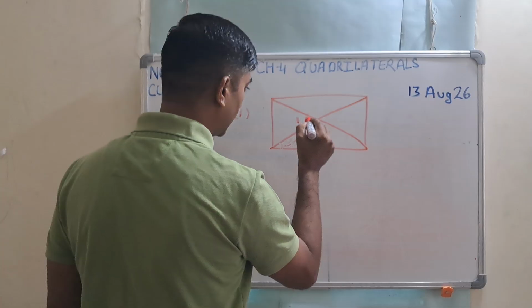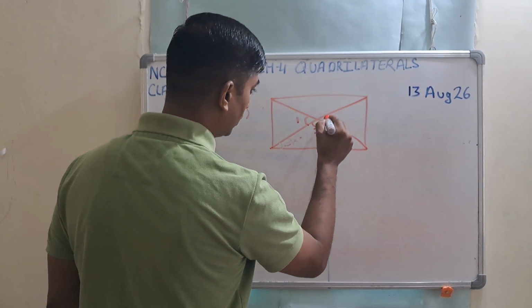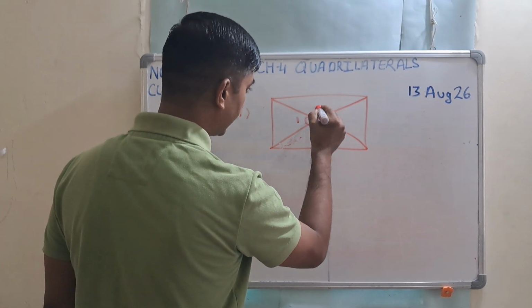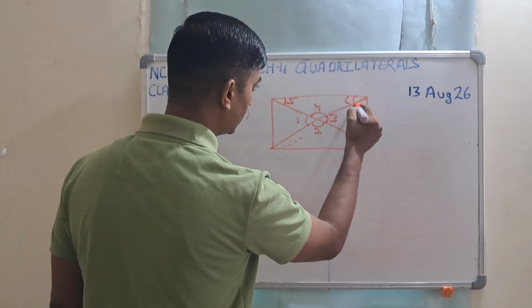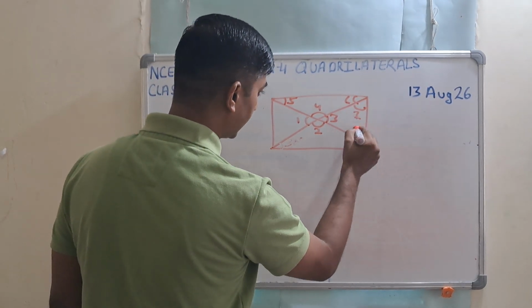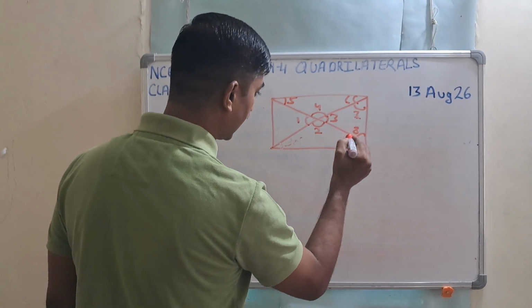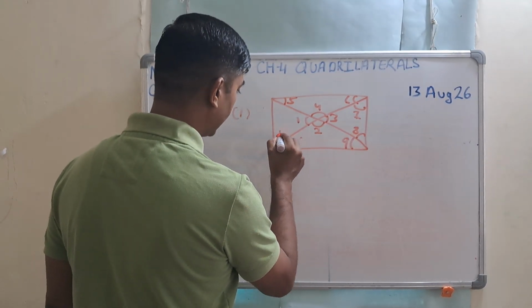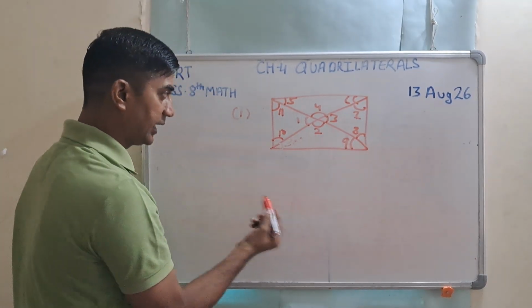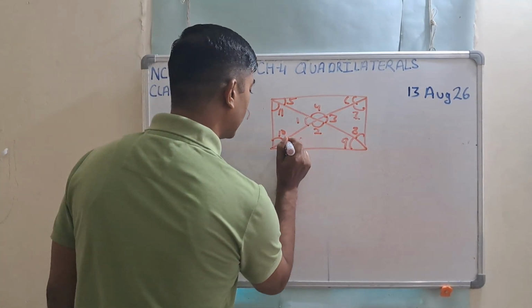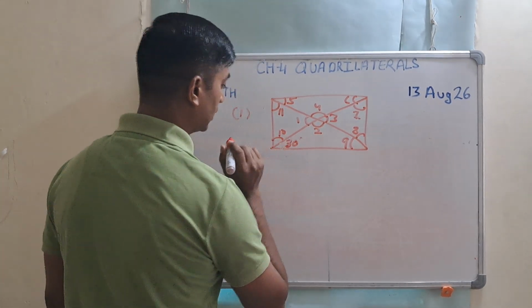Suppose this angle is 1, this is 2, 3, 4, 5, 6, 7, 8, 9, this angle is 10 and this angle is 11. We have to find all the angles, and only this angle is given, 30 degrees.